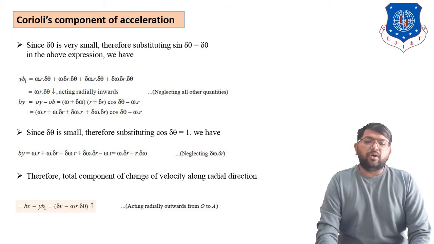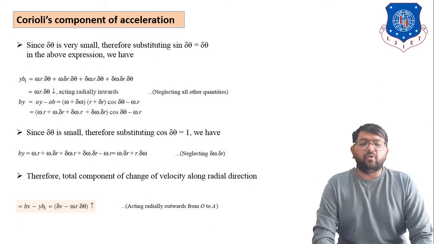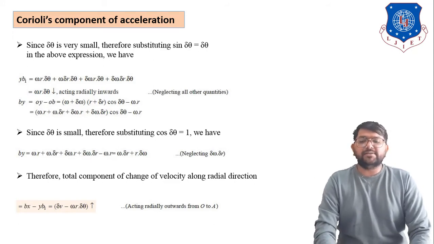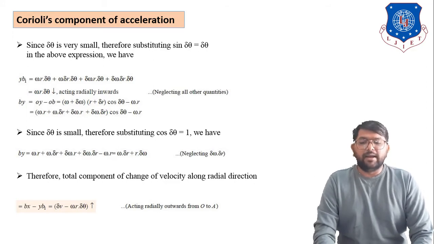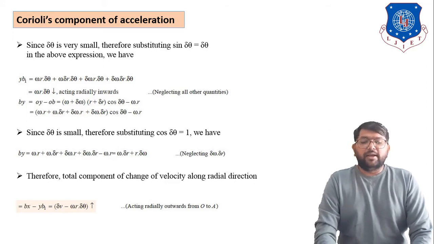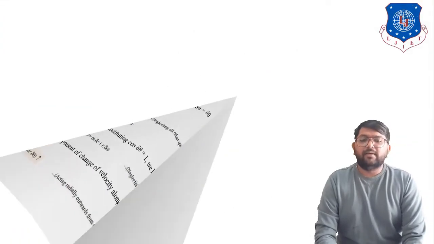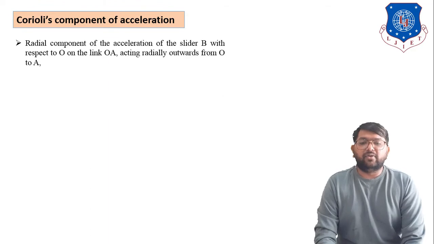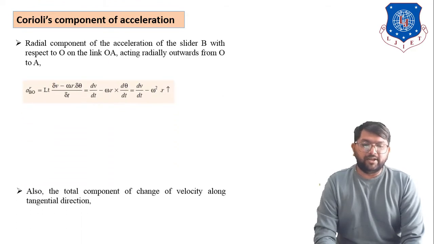Therefore total component of change of velocity along radial direction, that is bx minus yb1, is equal to delta v minus omega r delta theta, actually acting radially outward from O to A. Now we have to understand Coriolis component of acceleration in radial component.